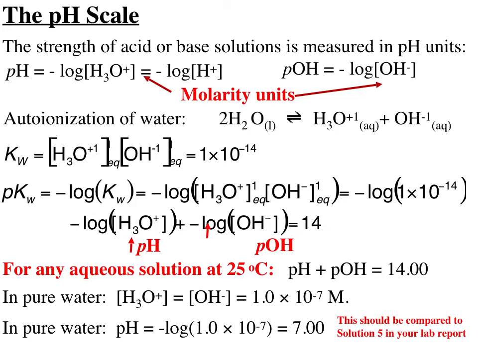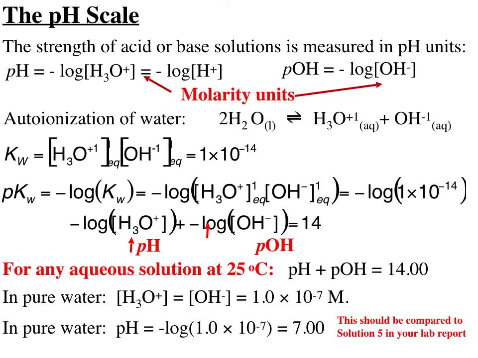Now, to make this into a more tractable equation with more straightforward numbers, I do a trick where I take minus the log of both sides of that equation. So I'm going to take minus the log of Kw, and I give that a fancy name. I call that pKw.